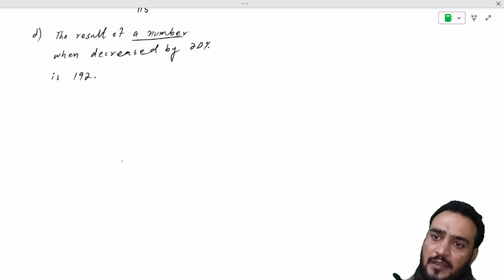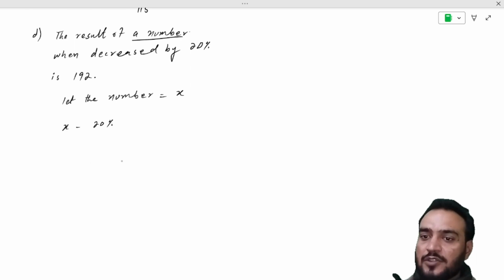So we consider that number equal to x. Let the number be equal to x. So x minus 20% of x, because here the number is decreased. So x minus 20% of x equals 192.